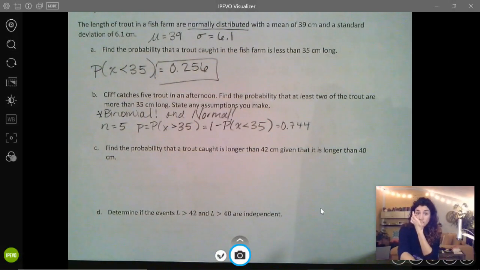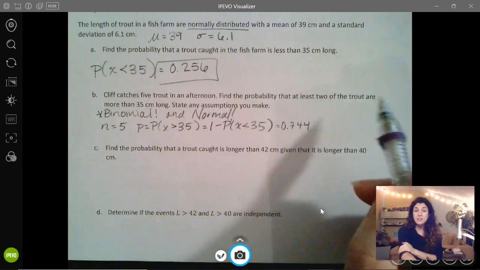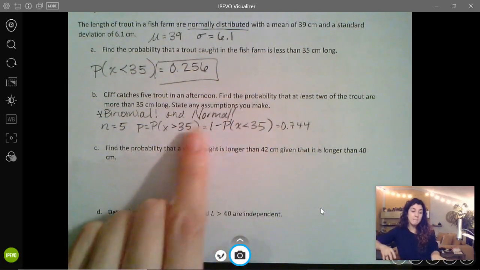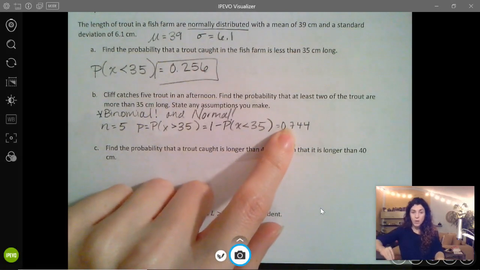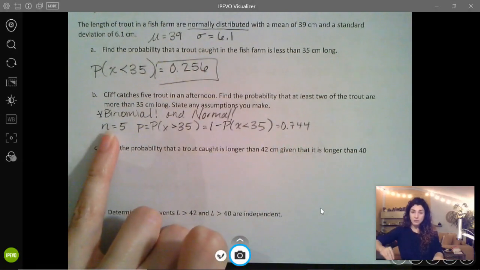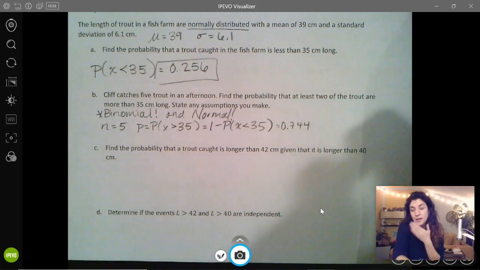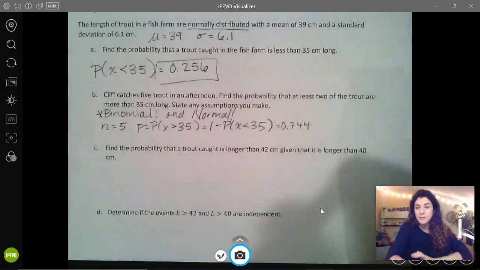Now, we want to have at least 2 of the trout to be more than this. Okay, well, our probability of success of being more than that is 0.744. We have a total of 5 trials. We can be 2, 3, 4, or 5 trout that are above that or at the length that we want it to be.